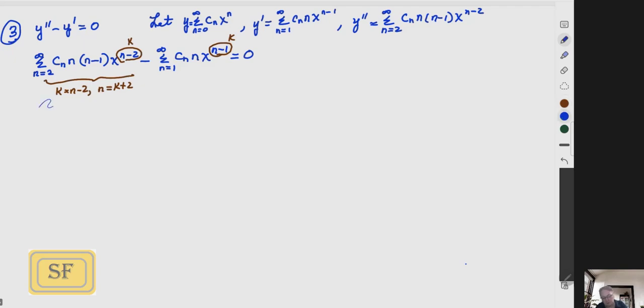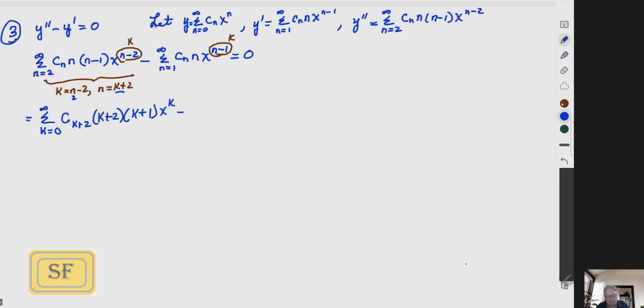And when I write this first term, I'm going to get the sum as k goes from 0, because when n is 2, you get k equals 2 take away 2, which is 0, to infinity, c sub k plus 2, times k plus 2, times n minus 1 is going to be k plus 1. It's k plus 2, take away 1, and then x to the k.